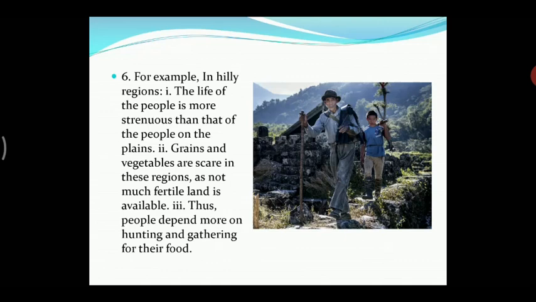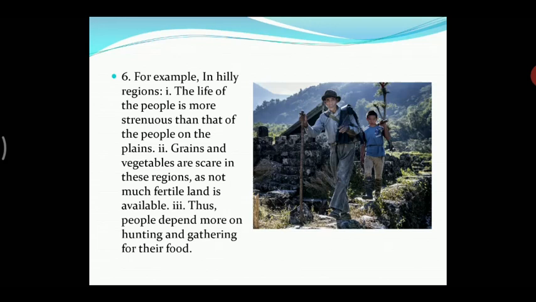For example, in hilly regions, now what are hilly regions? Hilly region means people staying in the mountainous region. In hilly regions, the life of the people is more strenuous than that of the people on the plains. Strenuous means very difficult. Grains and vegetables are scarce in these regions. Scarce means very little.